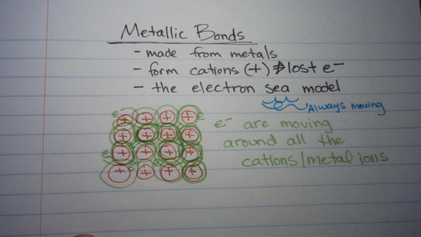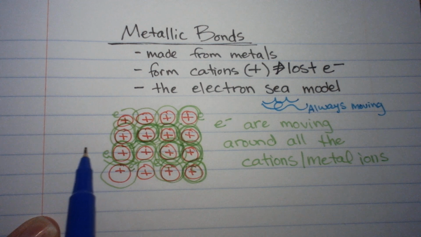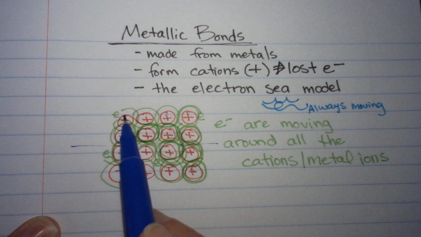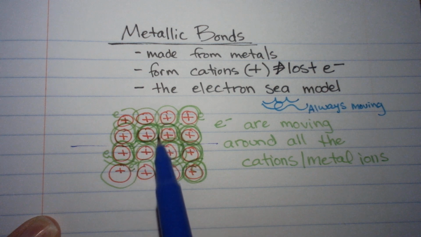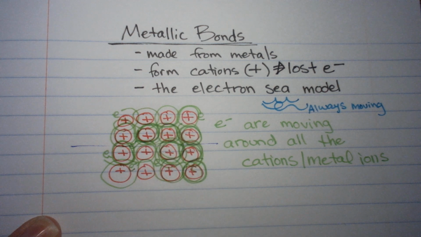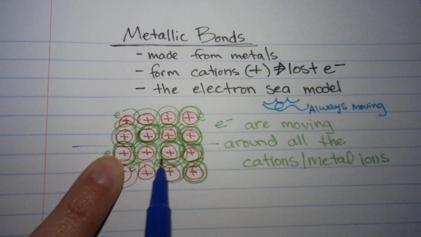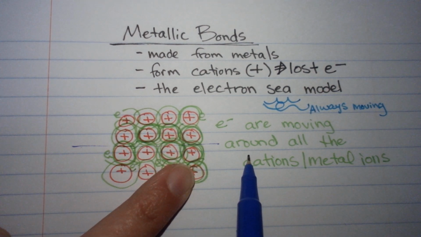This pure metal here would be really easy to slice a straight line, because of its repeating metallic structure. It would also be easy to bend or move, malleable, ductile, those kinds of things. So if I hit it with a hammer, all of these atoms are going to shift over here.